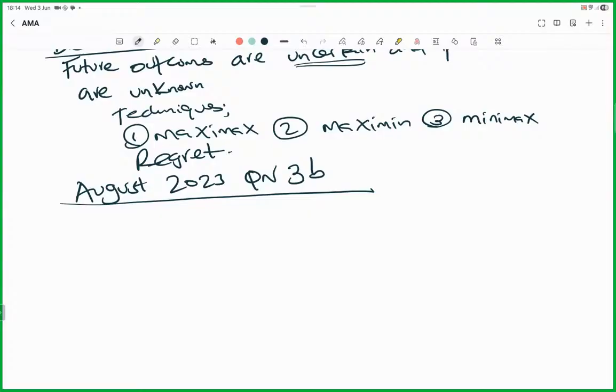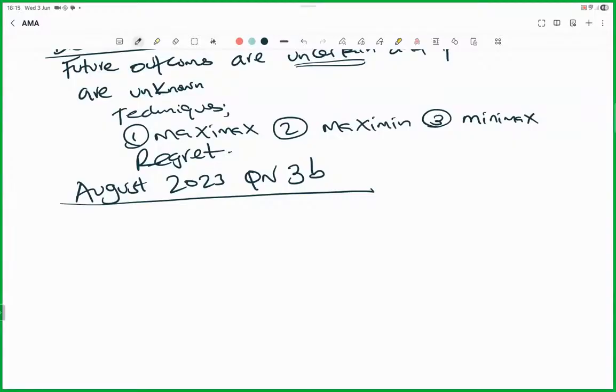EF Limited, we are told, is a small scale company selling takeaway sandwiches. Question 3B: in a metropolitan town, the company would like to make a decision on the number of sandwiches to sell at the forthcoming graduation ceremony at County University.